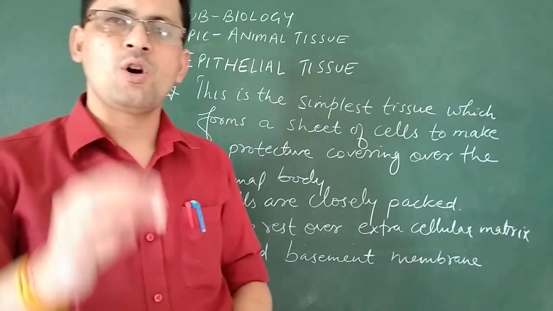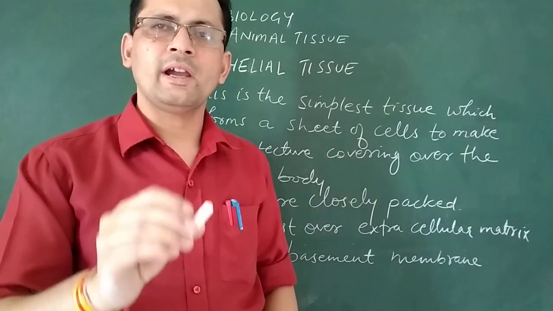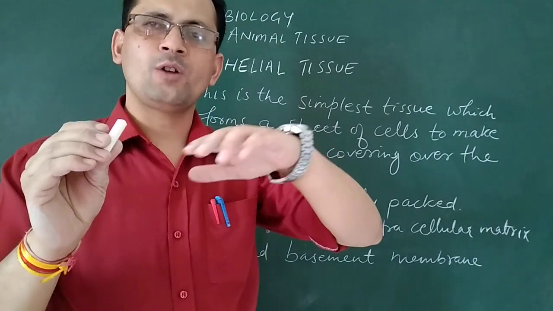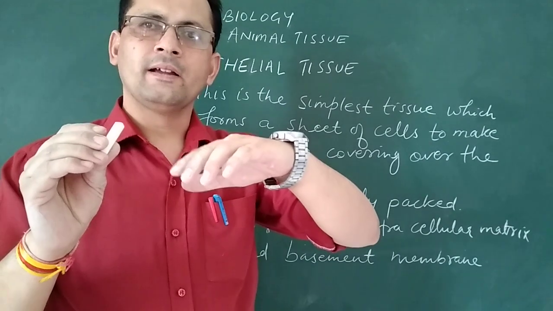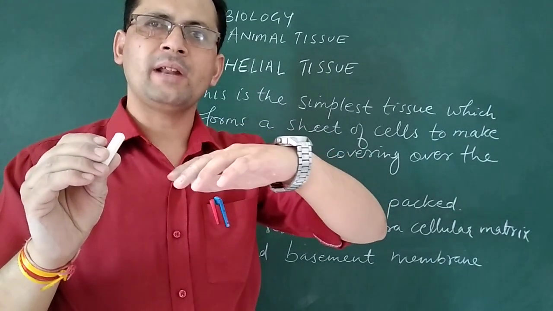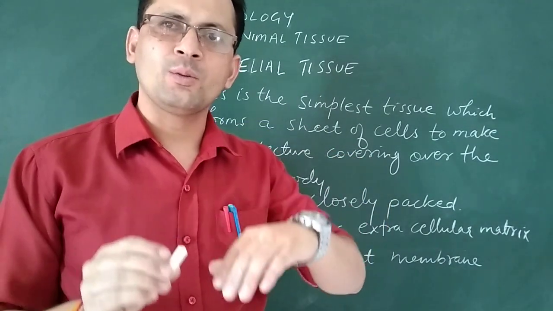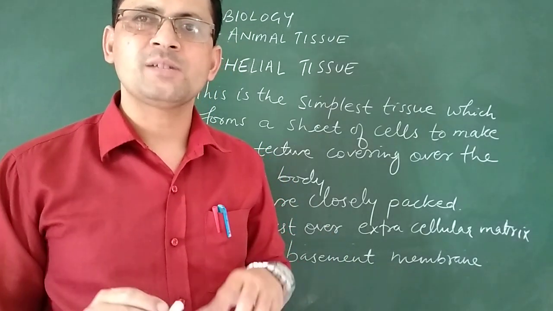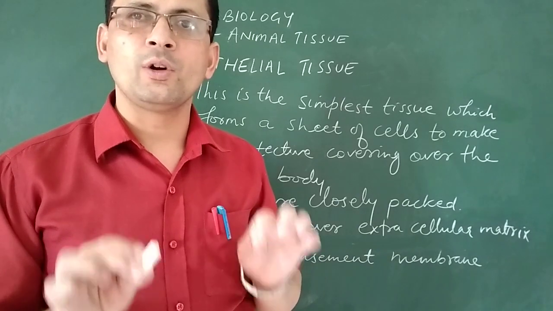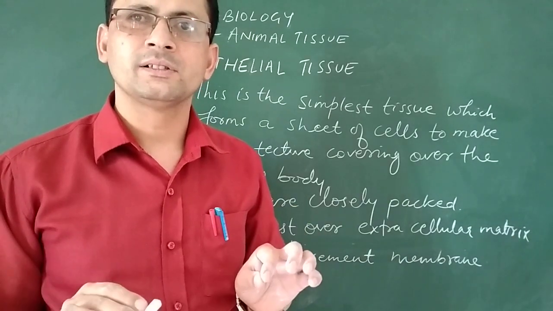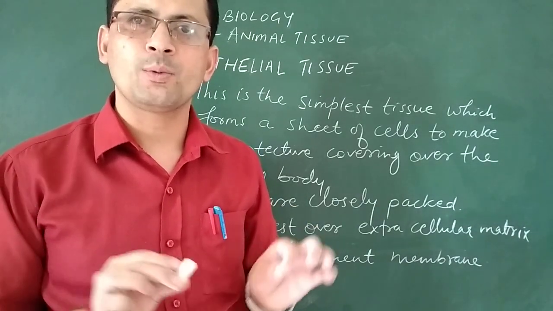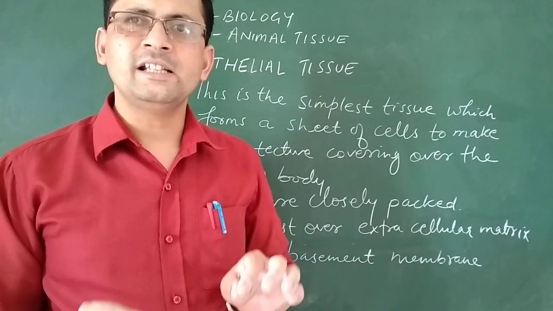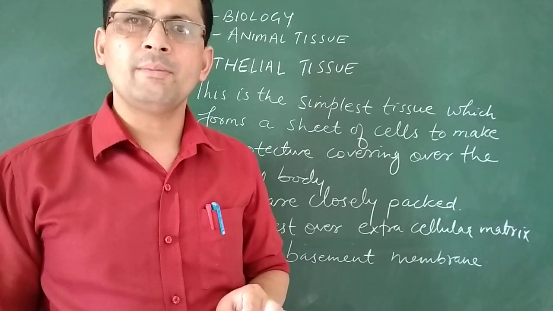Suppose this chalk is the epithelial tissue and this my hand is the extracellular matrix layer, known as the basement membrane, which is made up of glycoprotein and collagen fibers. These are the chemicals that make up this basement membrane.